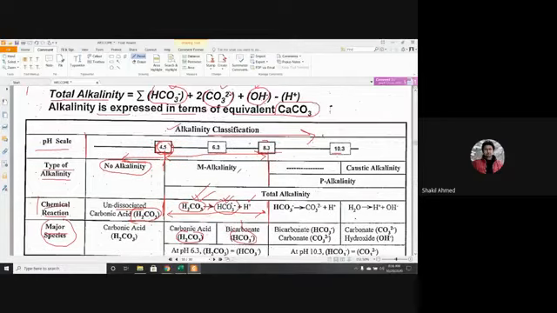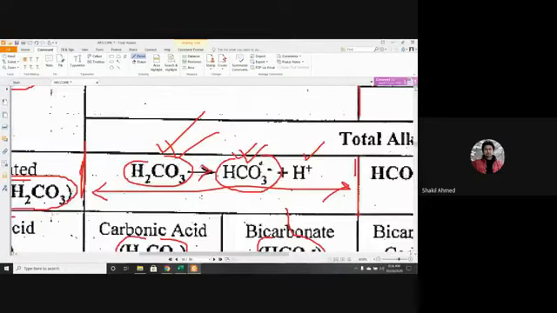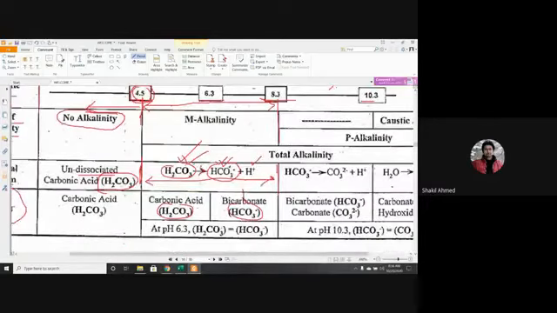Previously, when it just starts to dissociate near 4.5 pH, H2CO3 is at a much higher concentration than this one. But as the pH increases from left to right, more and more carbonic acid dissociates to give you bicarbonate ion. That means the concentration of this is decreasing and the concentration of this is increasing.